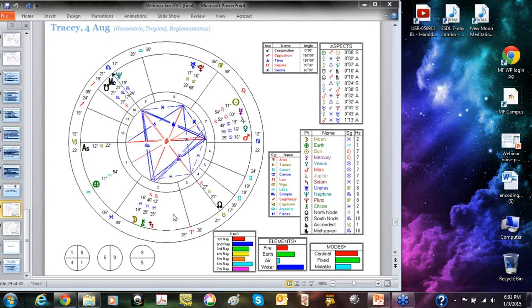You're taking that sensitivity and using it for the right reasons, is what it looks like to me. Yeah, well said, BL. You know what, that 29 degrees of Saturn, it's very important to recognize that she gets beyond that. She's got it made because it's at the very last degree. Really good point.